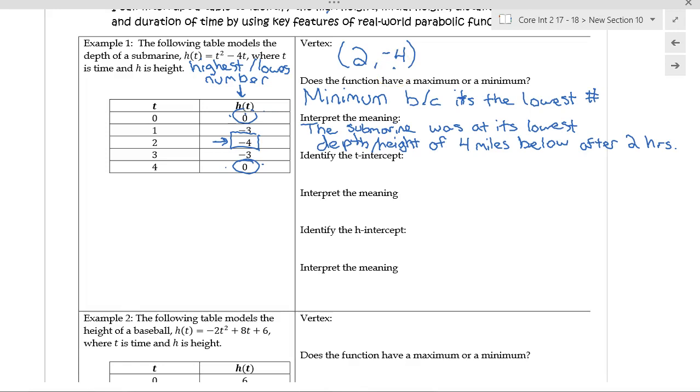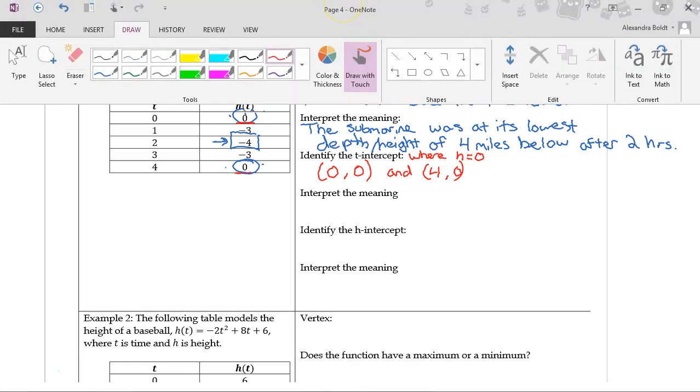Okay, identify the t-intercept. Remember, your t-intercept is where height equals 0. Well, we have height equals 0 here and here. So my t-intercepts are (0, 0) and (4, 0). Okay. So remember, identify the meaning.